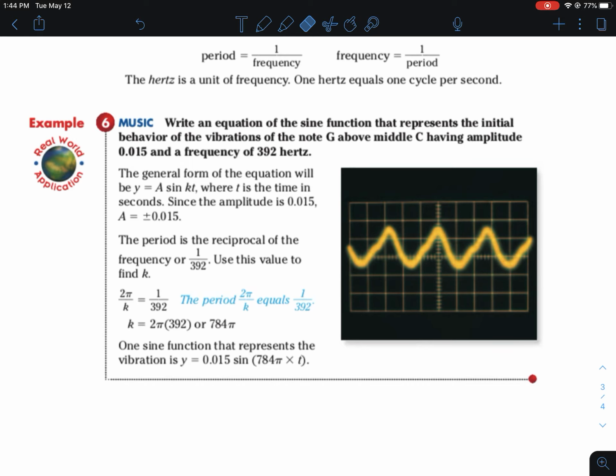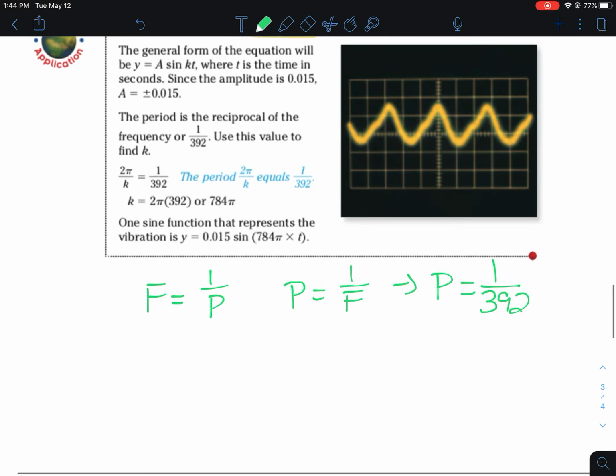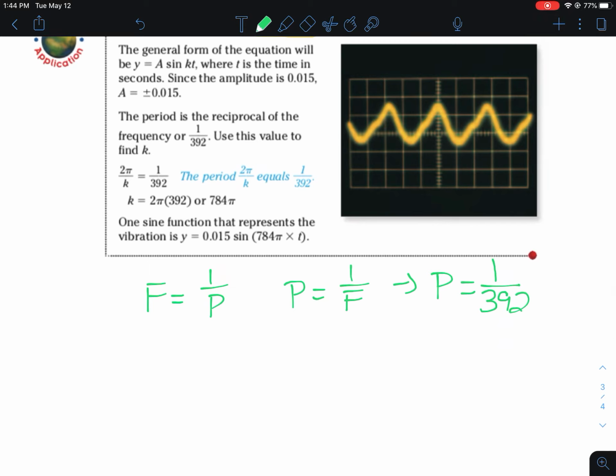So they're saying that the frequency is 392 hertz. Well, the frequency is 1 over the period, right? So then the period is 1 over the frequency. So our period here has to be 1 over 392, okay?